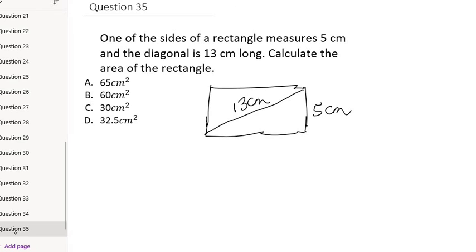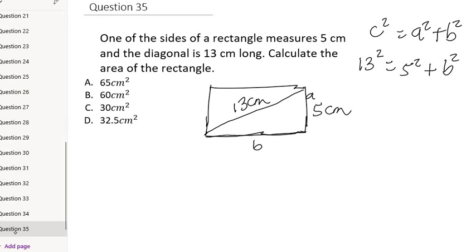To get this unknown side, we use Pythagoras theorem. Since c squared equals a squared plus b squared, the diagonal is the hypotenuse, which is c. We have 13 squared equals 5 squared plus b squared.